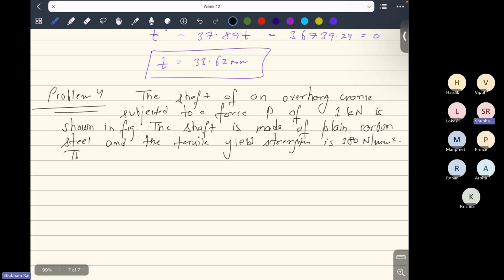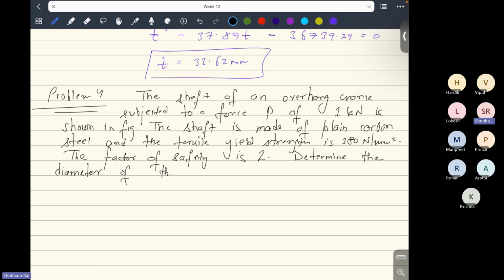So the factor of safety is 2. Let me write completely. What you have to determine? You have to determine the diameter of the shaft using maximum shear stress theory.